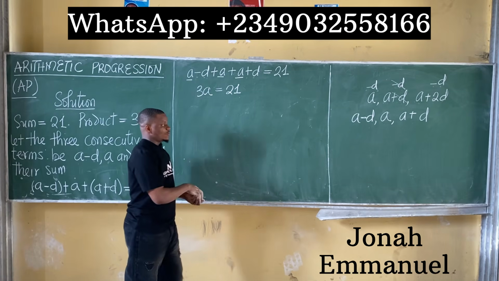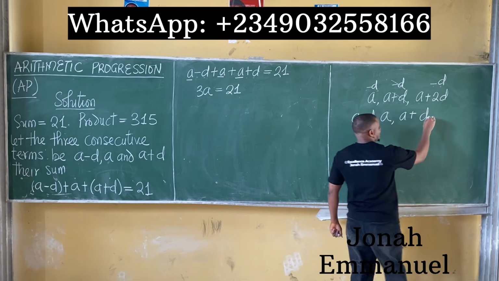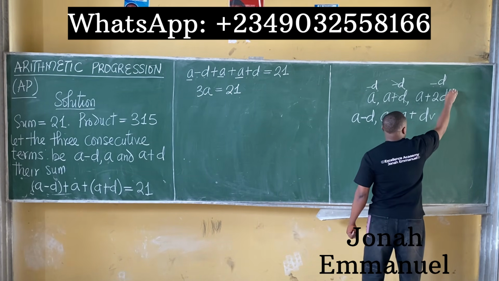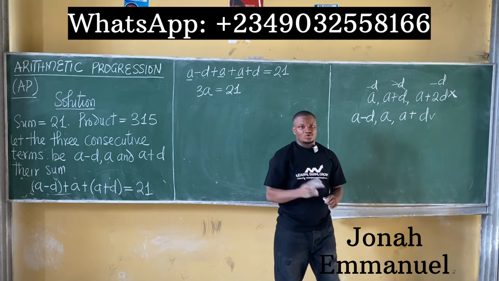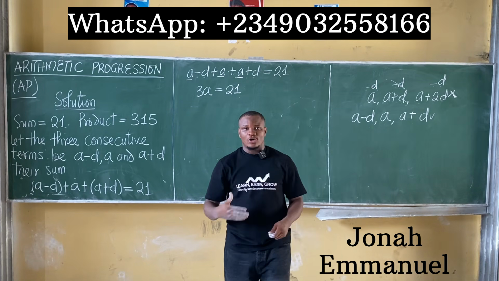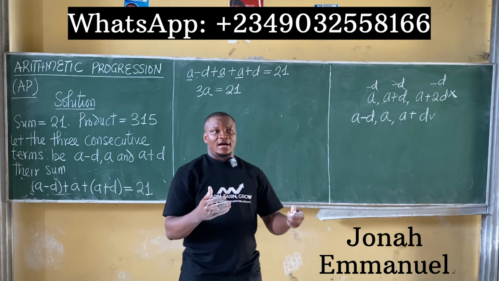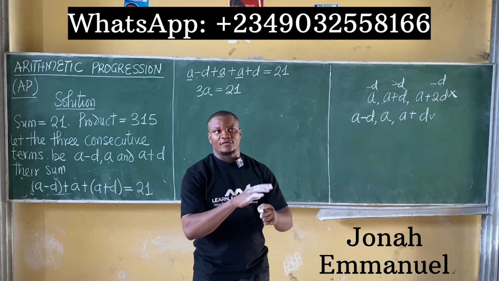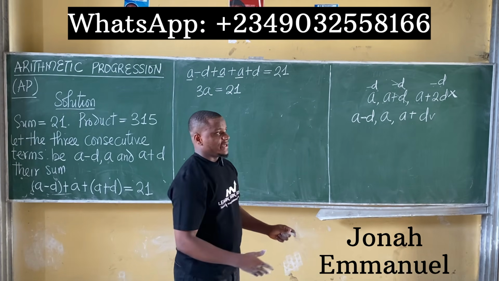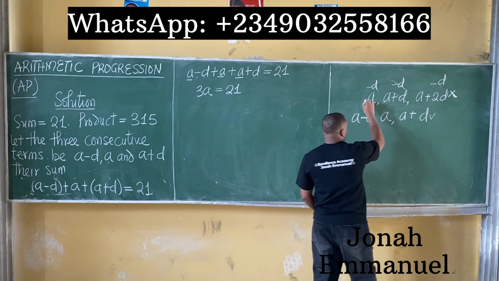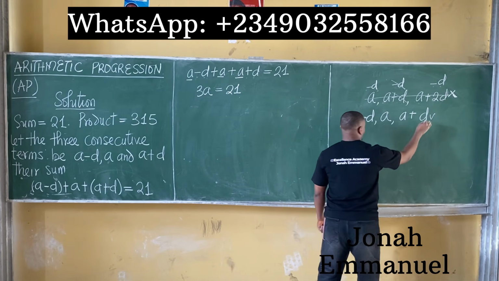That's why I said we should use this one instead of the first one. The first one will leave us with two unknowns, which will be difficult to solve because we don't have a second equation to solve them simultaneously.